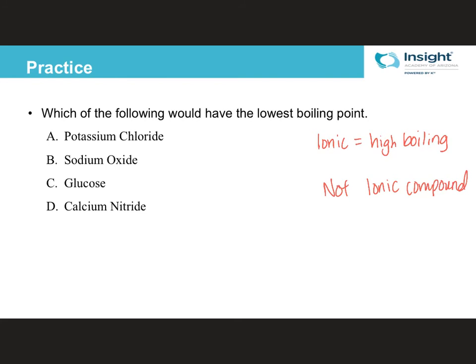But you can think about the fact that structurally, an ionic compound always needs to have a metal and a nonmetal. So if you go to your periodic table and look up potassium, which is K, and chlorine, sodium and oxygen, calcium and nitrogen, because glucose, I'm not sure if you remember the formula for that, but if you did, you might remember it being C6H12O6.